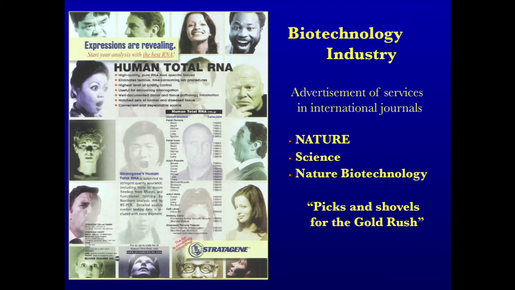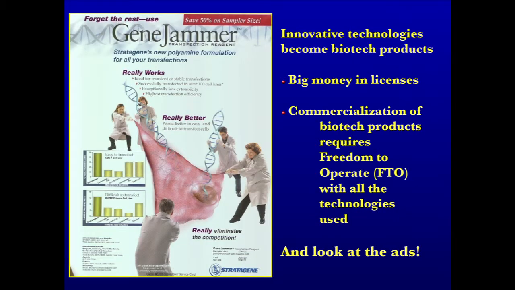Similarly, there are these tool makers, the picks and shovel makers of the biotechnology world that are capitalizing on the growth in that sector. Look at this ad. You can buy total human RNA. I'm sure you need that for your weekend coming up, but there it is from Stratagene. Or Gene Jammer. If you really need to get a gene into those difficult to transform cells, maybe these are the people that you need to talk to.